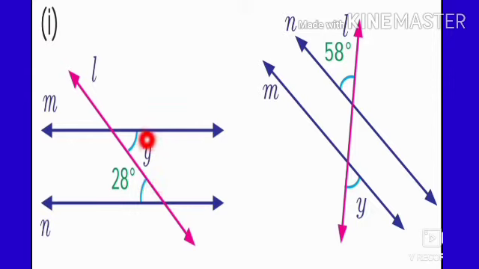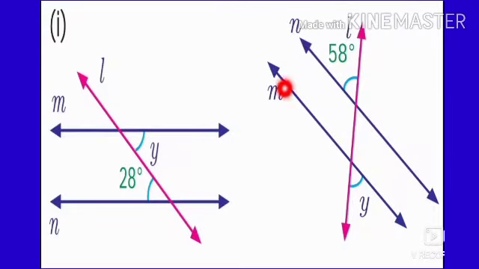So these are interior angles and also they lie opposite to the transversal. So Y and 28 degree are alternate interior angles. We know that alternate interior angles are equal. So Y is equal to 28 degree.